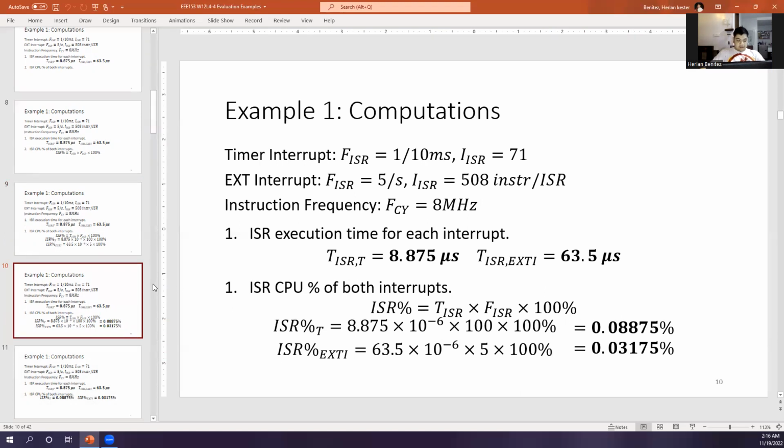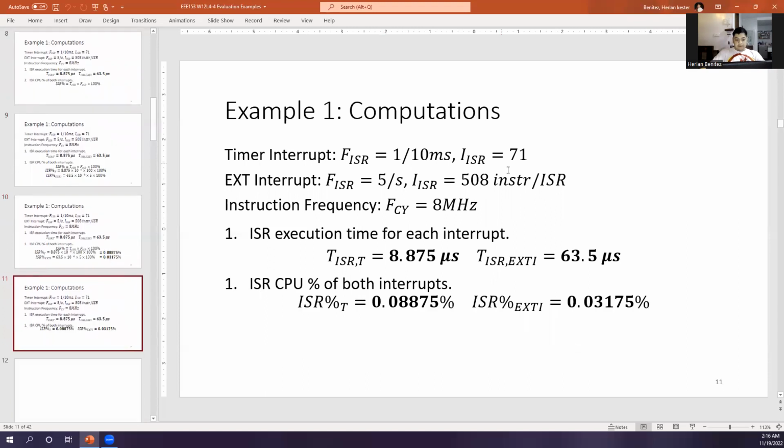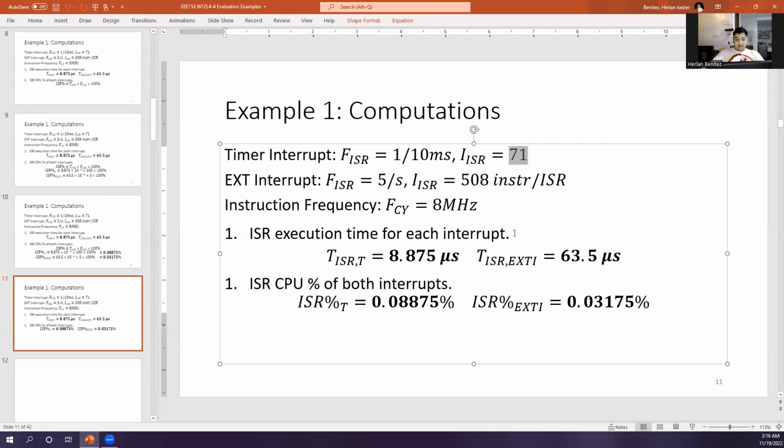0.03175. So I guess this is one example where the timer ISR has fewer instructions than the external interrupt ISR of 508. But it turns out that in terms of CPU percentage, the timer interrupt uses more in this case.